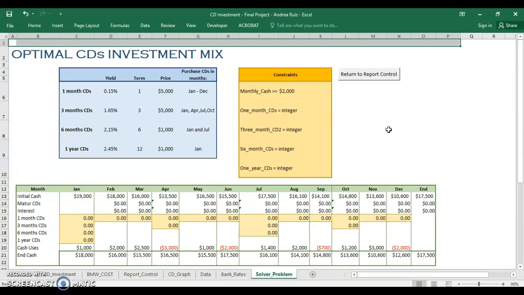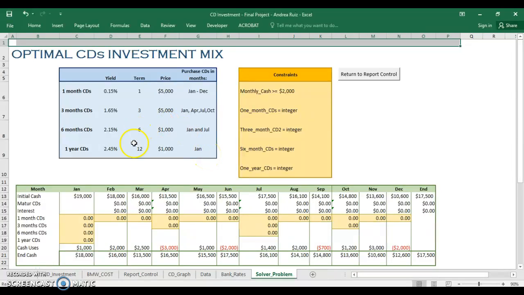Now, for the sake of simplicity in this problem, I am making the assumption that I can only buy the 3-month CDs at the start of January, April, July, and October. For the 6-month CDs, just in January and July, and for the 1-year CDs, just at the start of January.